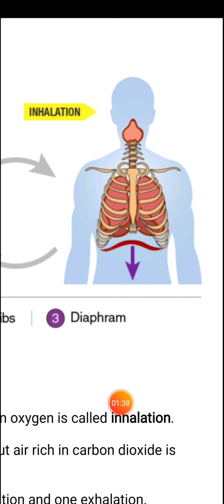When you are inhaling, there will be a maximum amount of oxygen, which means the amount of carbon dioxide will be less. You have to keep this in mind. When we are inhaling, the amount of oxygen will be higher than the amount of carbon dioxide.